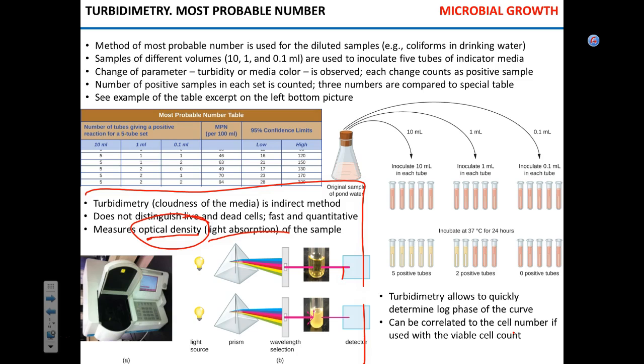Most probable number. Should I start? So this method is used to estimate the number of cells mostly in the environmental samples. Samples that are usually diluted.